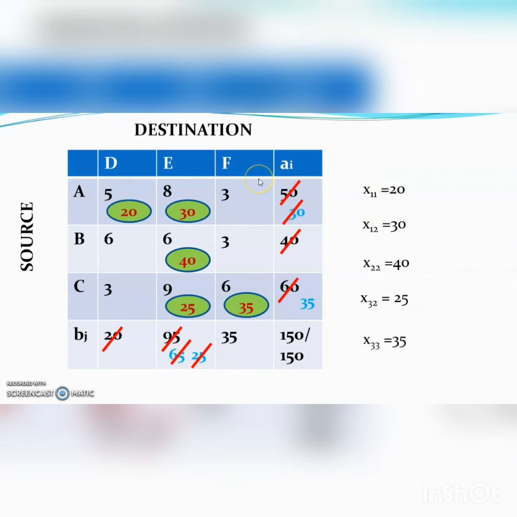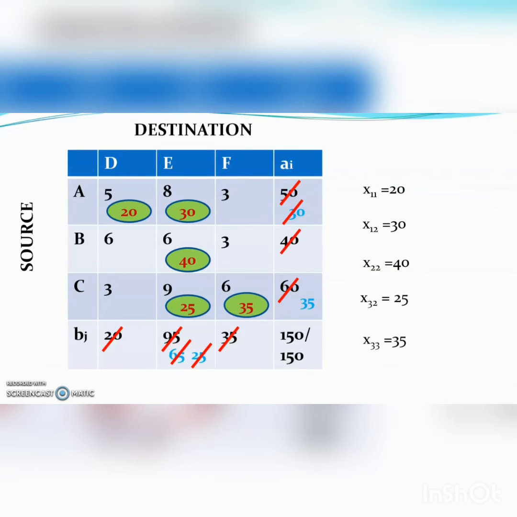Now we see that allocation is done in 5 cells, and the number of sources is 3 and the number of destinations is also 3. So the value of m plus n minus 1 is equal to 5. So the solution we get is an initial basic feasible solution.